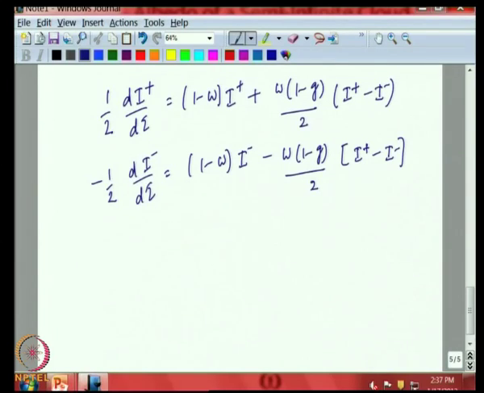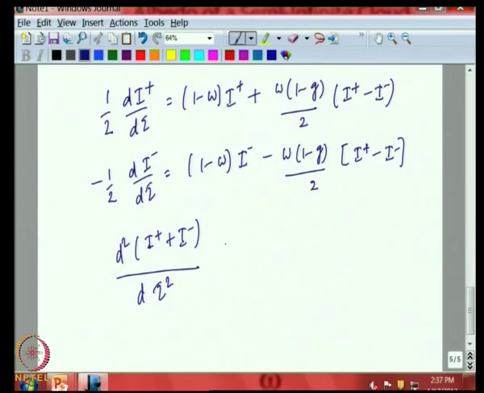So, there are two equations in two unknowns, but they are coupled because I minus appears in the I plus equation and vice versa. So, you want to eliminate them, or you can combine them like last time and get the expression for I plus plus I minus, and it comes in just adding these two equations.